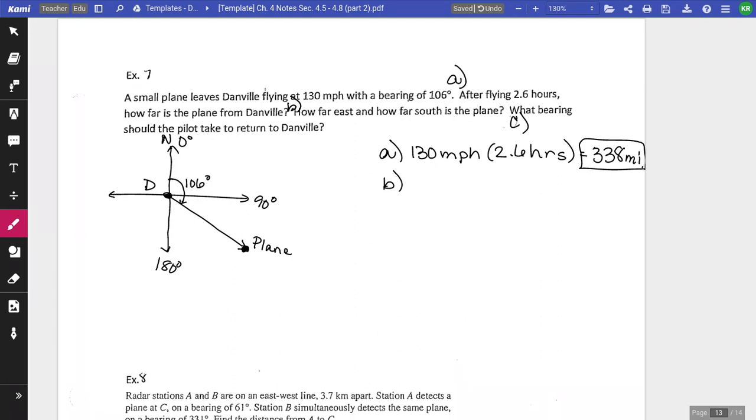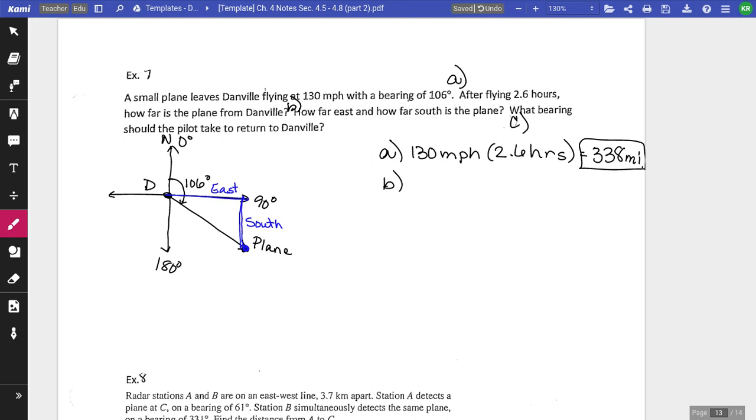Part B, how far east and how far south is the plane? If my plane is here, here's east, and here's south. This distance here is my distance east, and this distance here is my distance south.